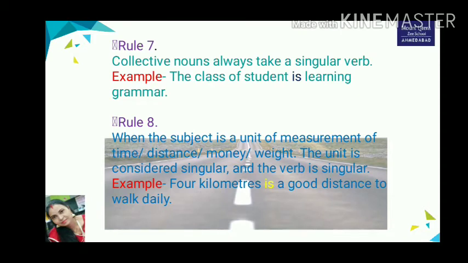For example, 4 kilometers. Do not get confused. 4 kilometers is not a plural subject. We consider it as a singular subject only. So we use a singular verb here. Is a good distance to walk daily. So whenever we are using any unit of measurement for time, distance, money, weight, etc., we always use a singular verb with that.